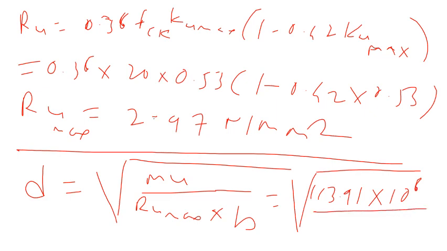That's why we need to multiply that quantity by 10 raised to 6, because our Ru max is in Newton per millimeter square. So Ru max is 2.97 and B is again in millimeter, that is 230 millimeters. So that's why we have converted this from kilonewton meter to Newton millimeter by multiplying by 10 to power 6. So from this we can get now D. So D will be equal to 408 millimeter.